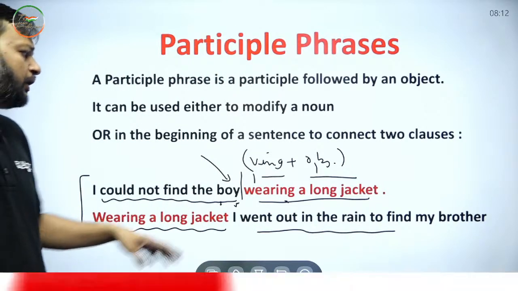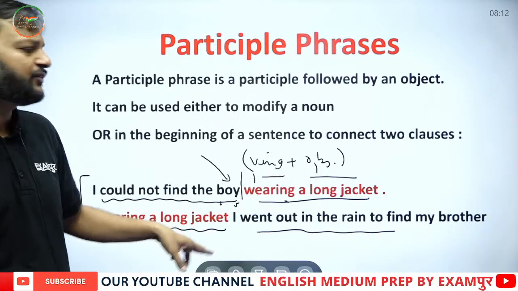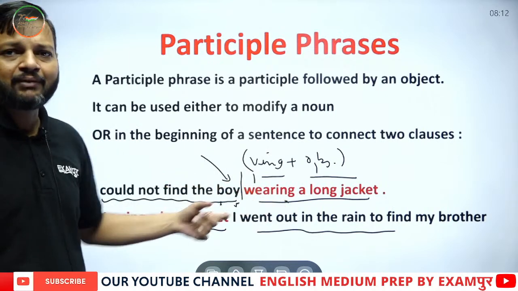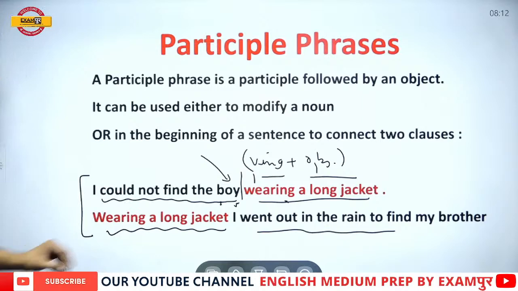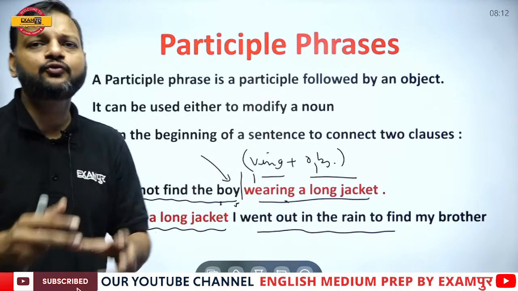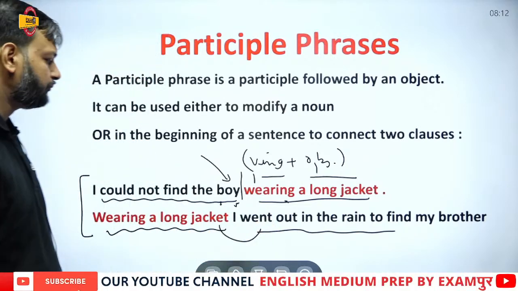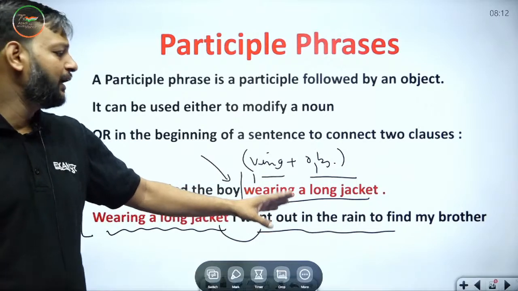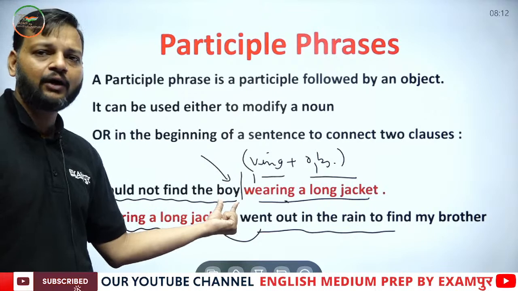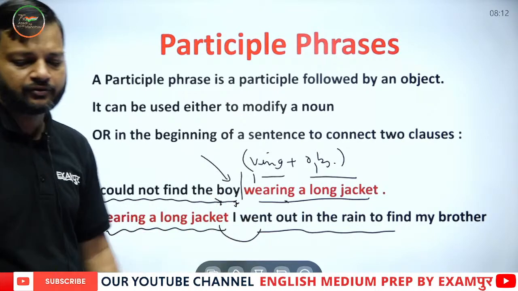The participle phrase is the same phrase that we used in the first sentence, but in the second sentence the role of the phrase has changed. Here this participle phrase has been used to join two clauses. So a participle phrase can be an adjective to modify the noun, or it can be in the beginning of a sentence to join two clauses.